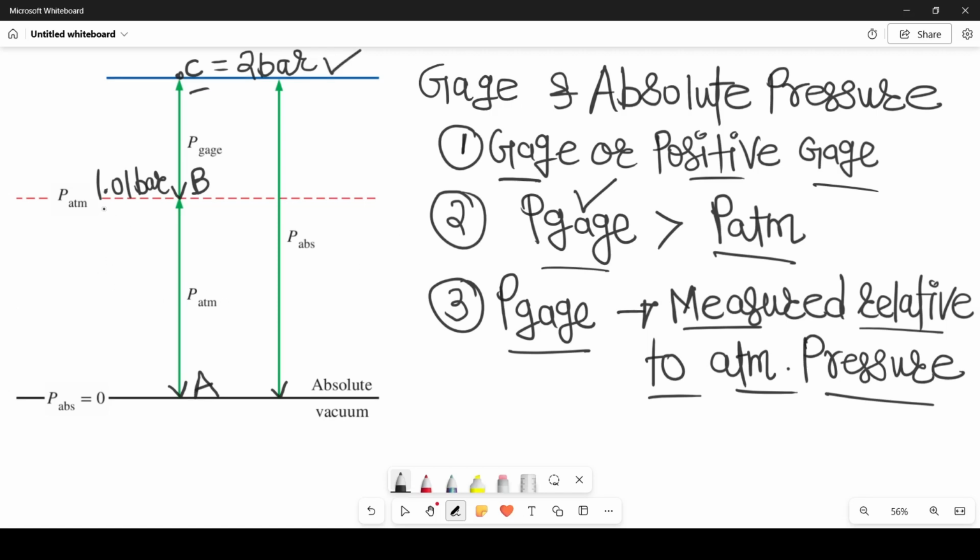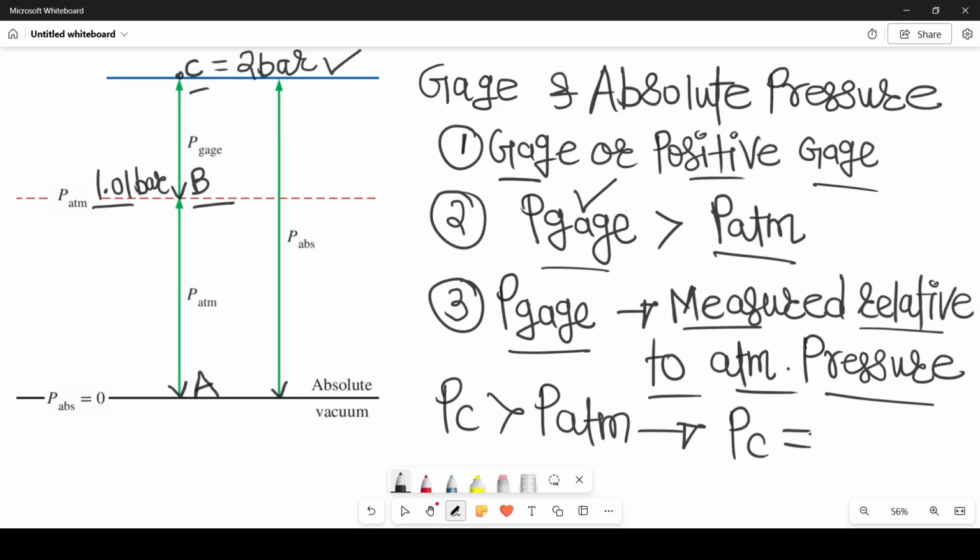We know that atmospheric pressure at point B is equal to 1.01 bar. So pressure at point C is greater than atmospheric pressure. This means the pressure given at point C is gauge pressure.